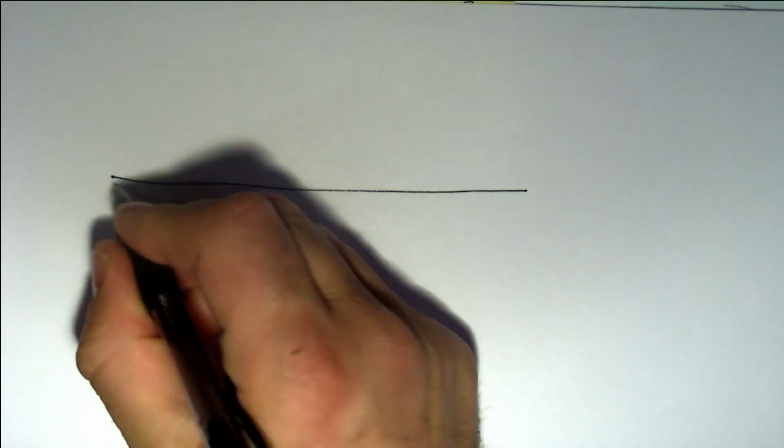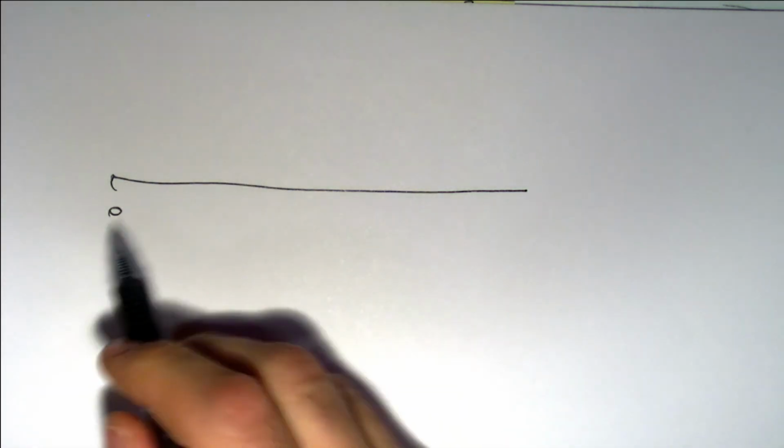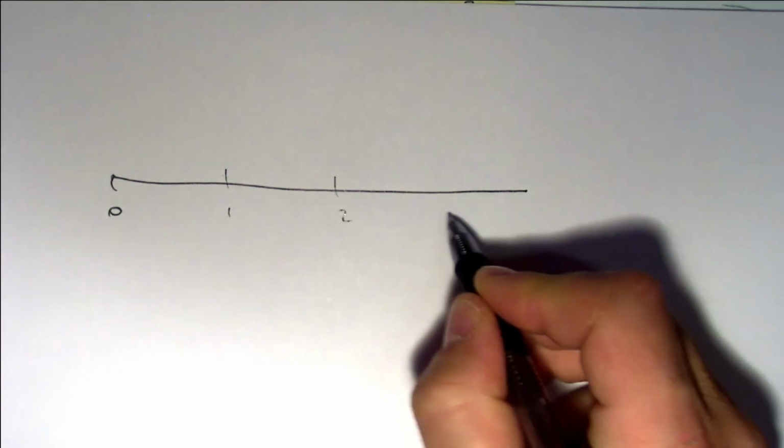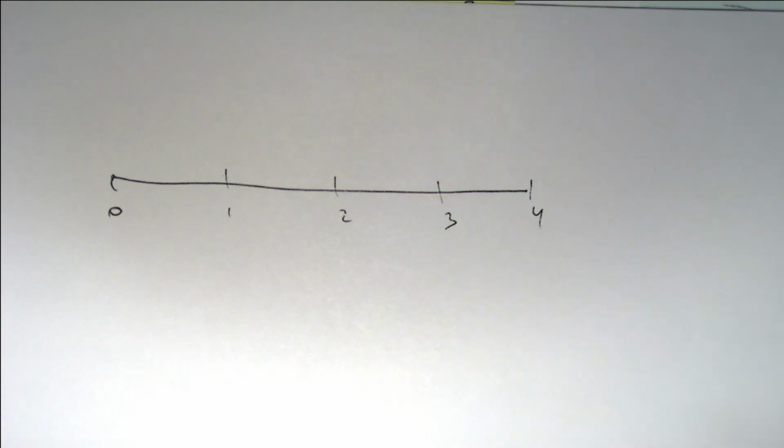Sometimes people say, I can't figure out which of these tables to use. Is it a P of F problem or a P of A problem? Well, here's what I would say. If nothing else, just make your timeline. This is year 1, this is year 2, this is year 3, this is year 4.